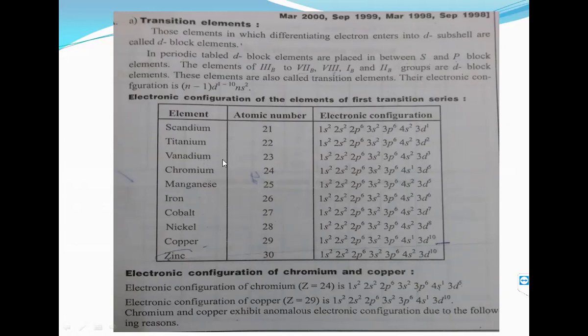Vanadium, how many electrons are there? 23. So that is why the atomic number of vanadium is 23. So the names of the elements as shown in the table and their respective electronic configurations are shown at the extreme right side.